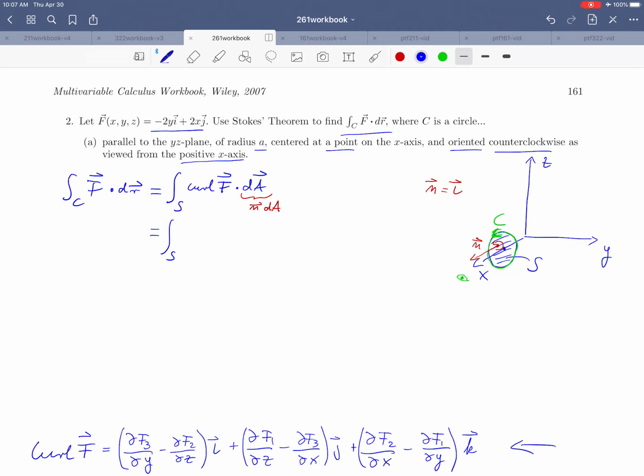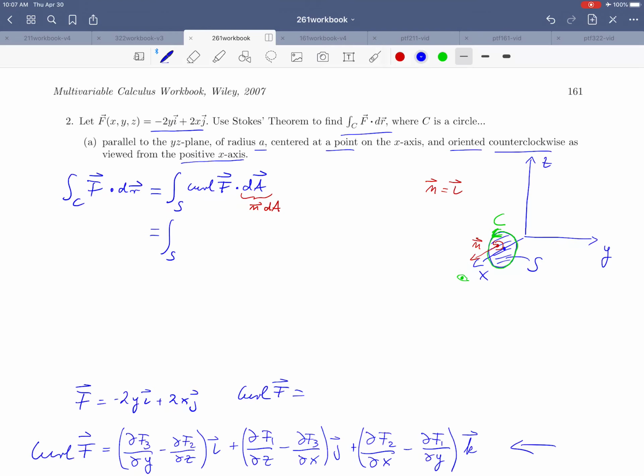So we have to figure out partial f3 partial y, going to our vector field. Our vector field, I'm going to write that down here, is minus 2y i plus 2x j. And we want to find the curl of that vector field. We start with partial f3 partial y.